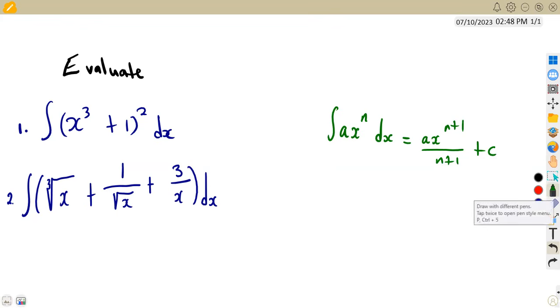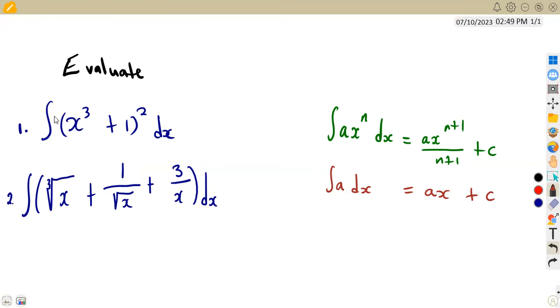And we also ought to understand that the integral of a constant, let's just say it's a, with respect to x, is going to give us ax, that is a times x, plus the constant of integration. Basically, when you are working with the exponent or the powers of x, what you need is to understand these basic two parts: the integral of an exponent and the integral of a constant.